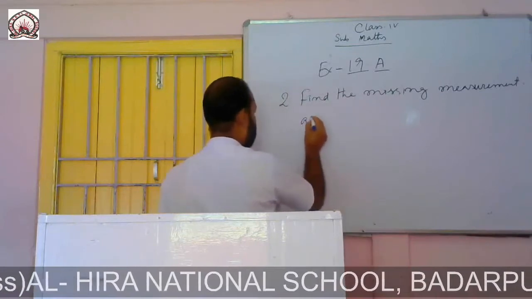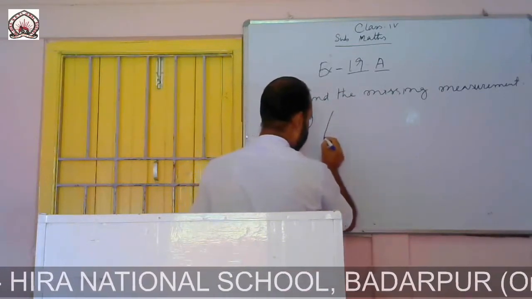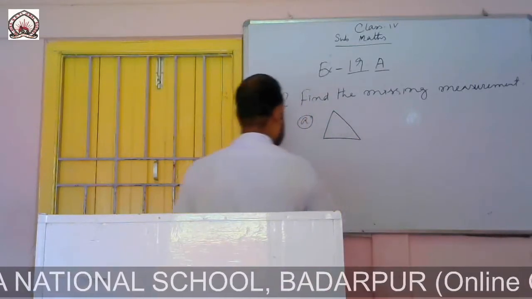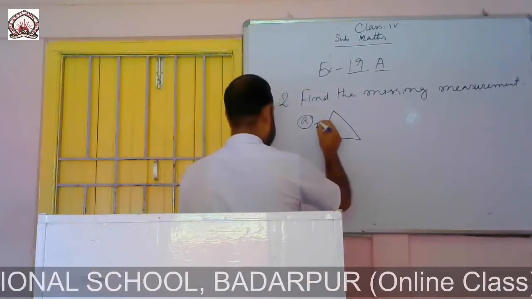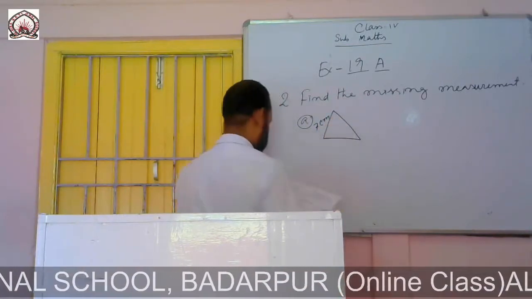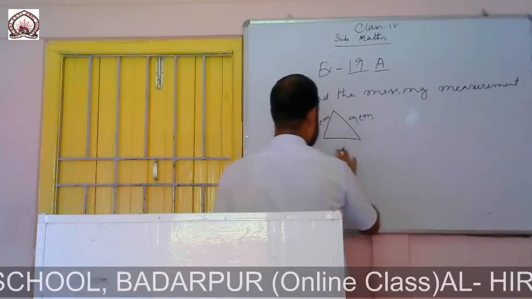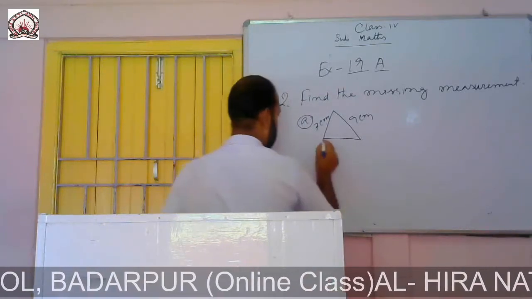Question number A. Again, triangle. So this side equal to 7 centimeter, this side 9 centimeter, and this side is missing.